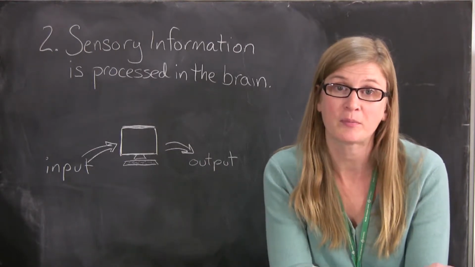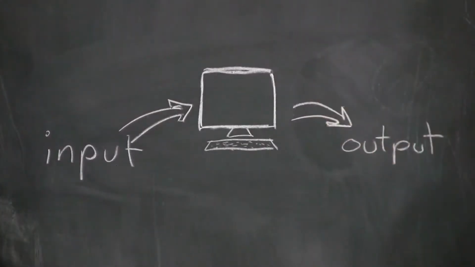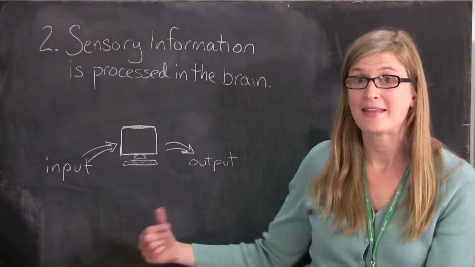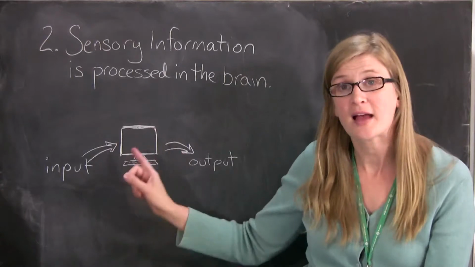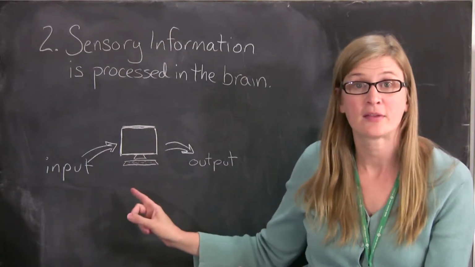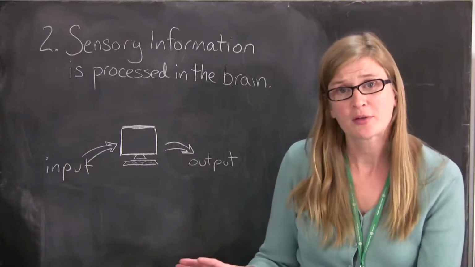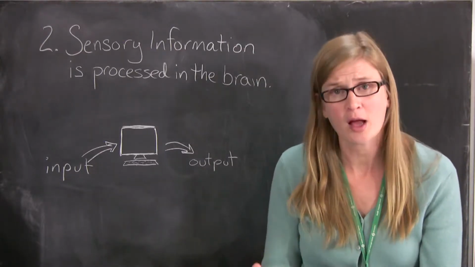OTs will often use a computer analogy when talking about sensory processing problems. If you think of the input as the sensory information that's taken in and the output as the action that's carried out, what goes on inside the computer is the equivalent to step 2, the processing of the sensory information. So let's say I type in cat and then the computer spits out strawberry.